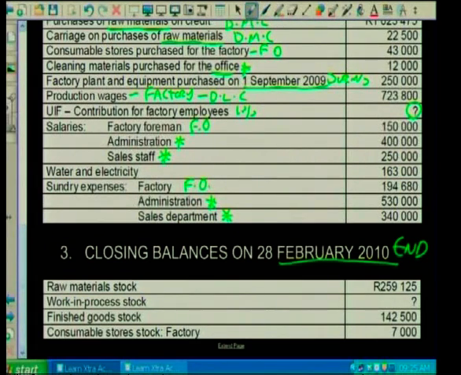So I've got a balance for raw material stock not used, work in progress, the amount is missing, not given to me, finished goods stock, in other words, stock that was obviously sitting in the warehouse, not yet sold, and then consumable stores stock for the factory, 7,000, and I just make a little note here that this is going to help me calculate my factory overhead.